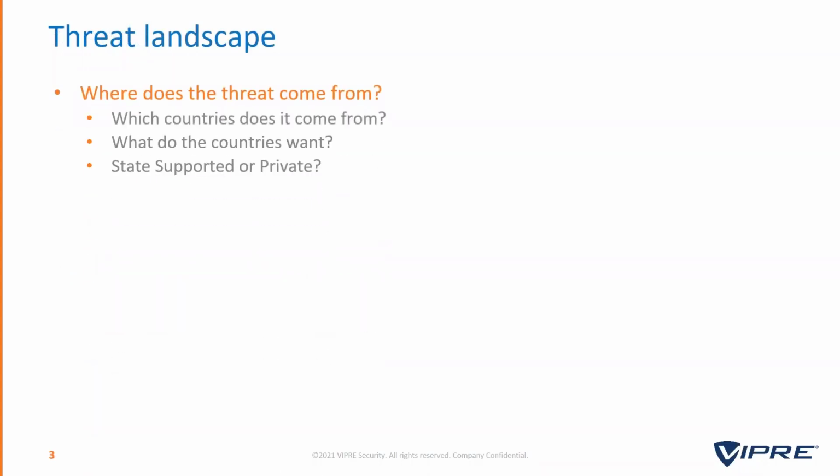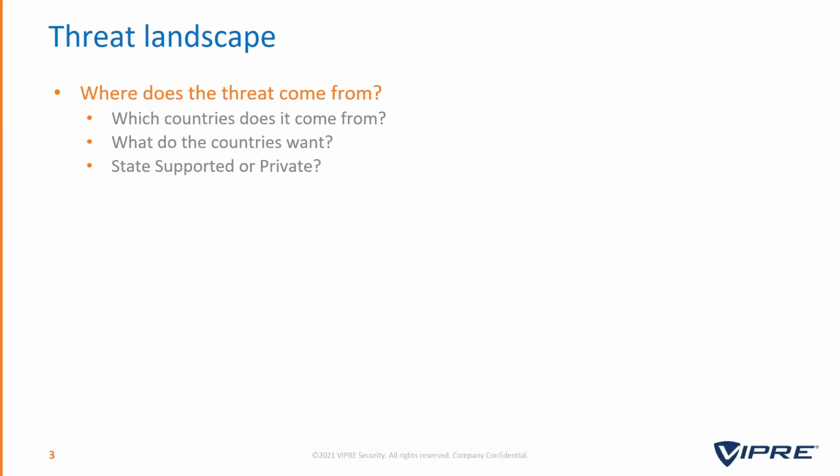In order to understand ransomware and the threat landscape in general, you need to have a picture. You need to understand what it is that we see, which countries are hacking us, what the countries want, and whether it is state or privately funded. There is always a certain amount of things that will influence the outcome of this. Here in Europe, we hear that it's almost like Mr. Putin is hacking us, that it's primarily Russians hacking us.